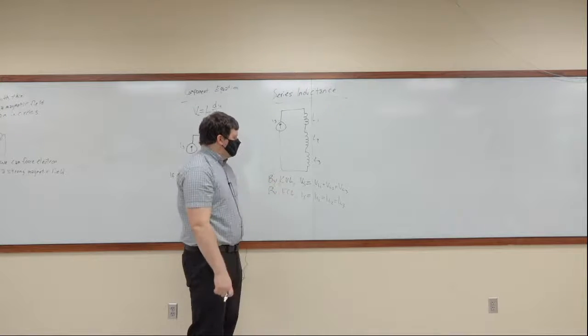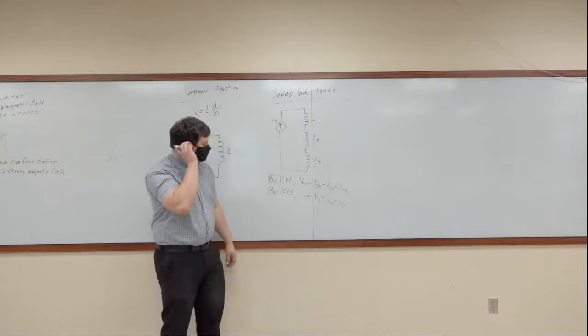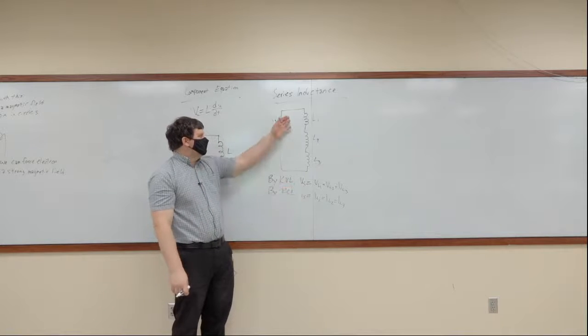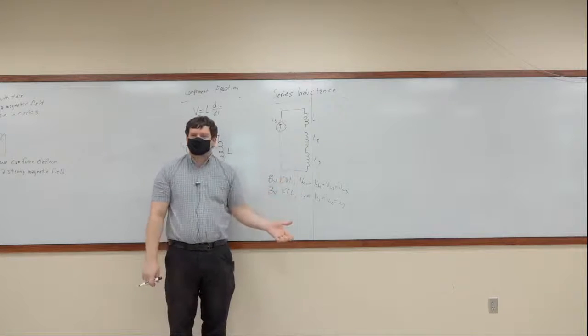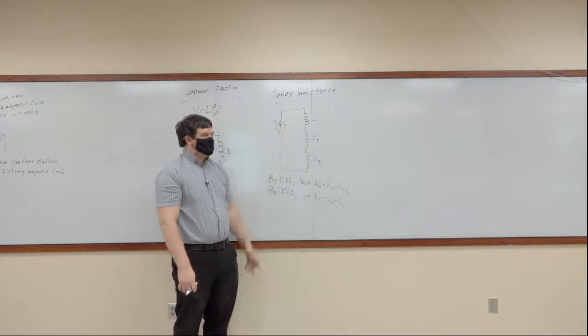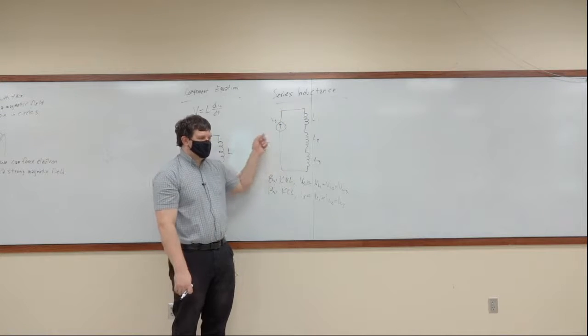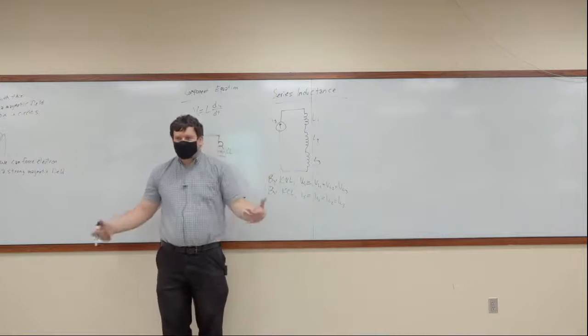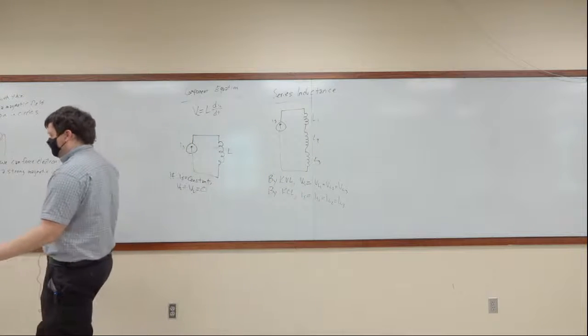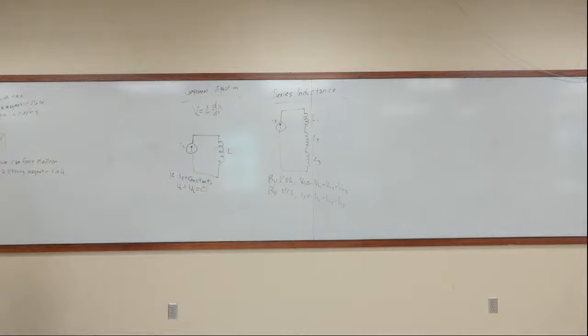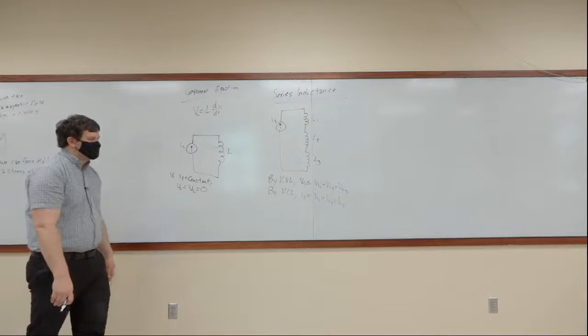So if we look at this, because all three of these have the same current, if we just continue to add more inductors, it's going to add more energy to the system. Believe it or not, which means that inductances will end up summing the same way as resistances do.